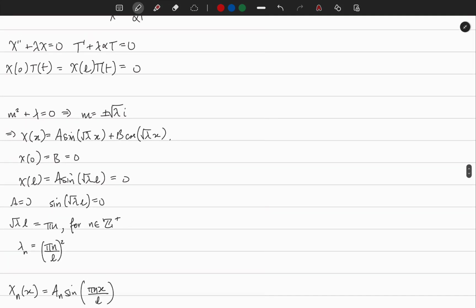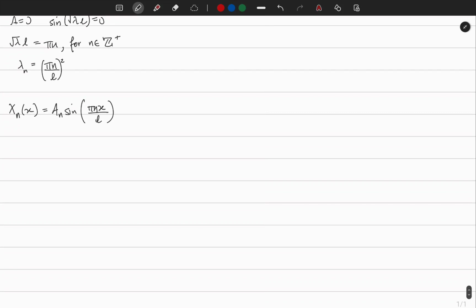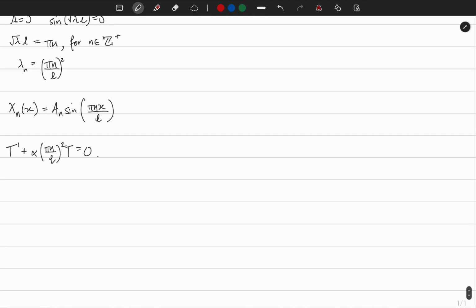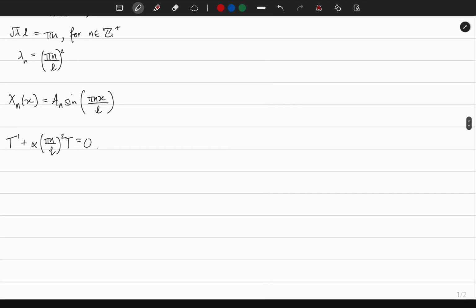Now for the t equation, we now know what lambda is, so we can sub that in. So the t equation is T prime plus alpha lambda T, but lambda here will be (pi n over L) squared, times T is equal to 0. And again, we know how to solve this from our ODE class.